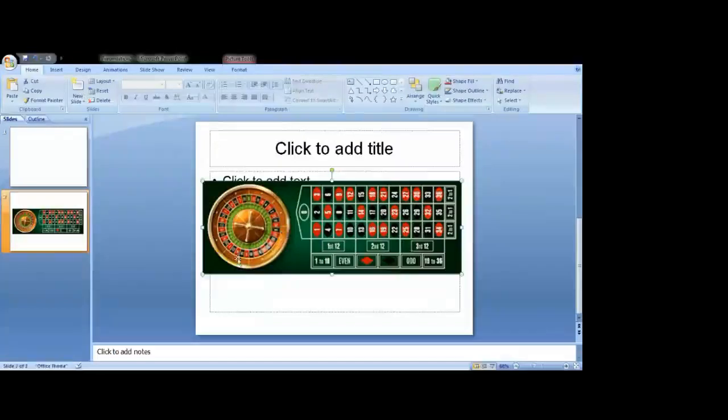So every time the roulette is spun, it will be generating some random numbers. Every time you are spinning and stopping, you'll be getting a new number, and that is nothing but how this Monte Carlo simulation works.